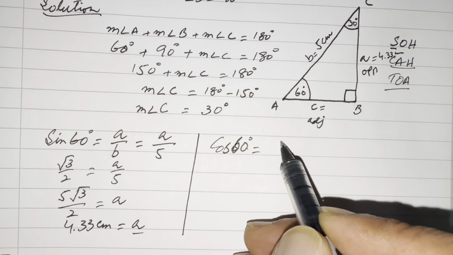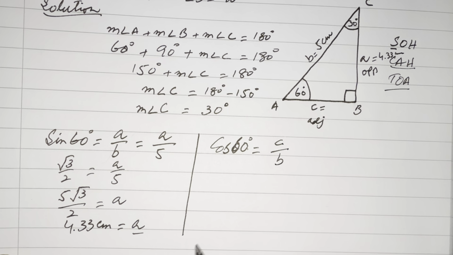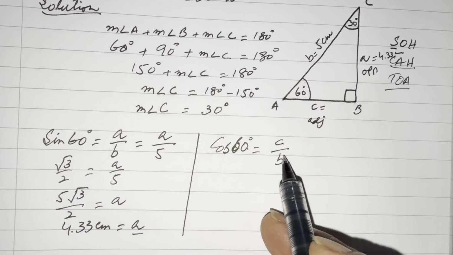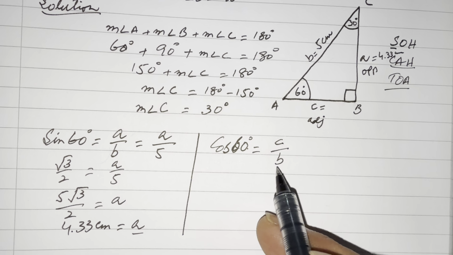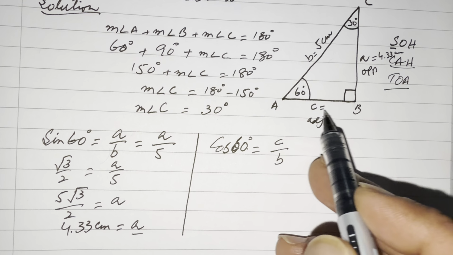So adjacent is C and hypotenuse is B. Now put the values of cos 60 and the value of B, and we will be able to find the length of side C.